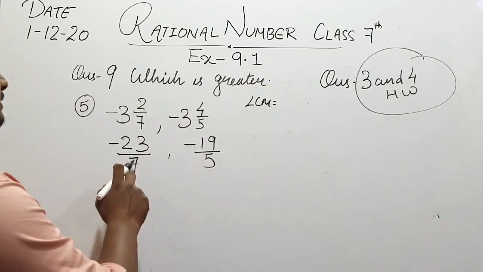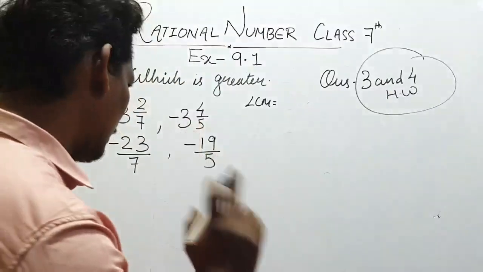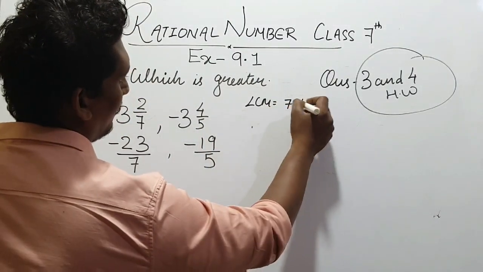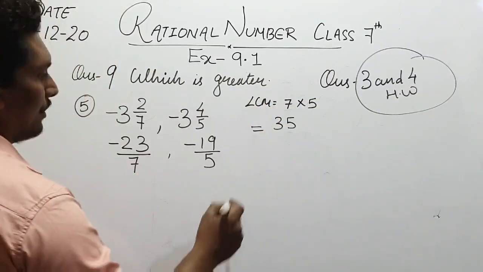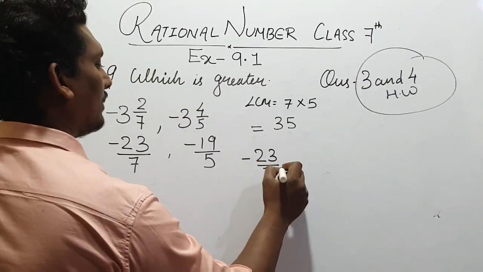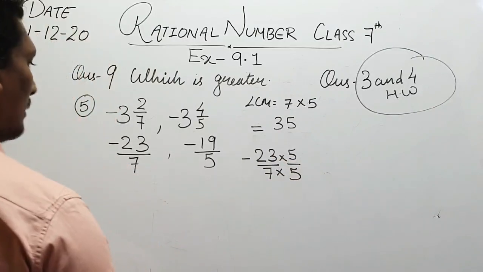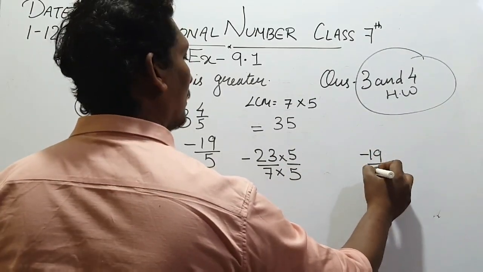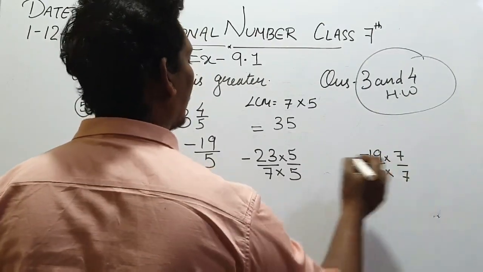Here again 7 and 5 are in the denominators. We have to find the LCM. LCM of 7 into 5 is 35. So 23 by 7 into 5 and minus 19 upon 5 into 7 upon 7.